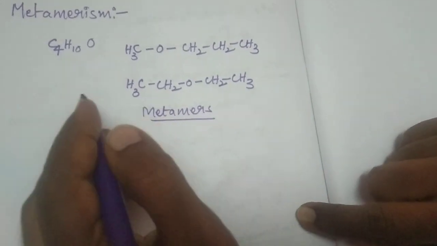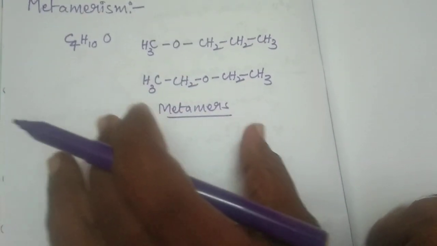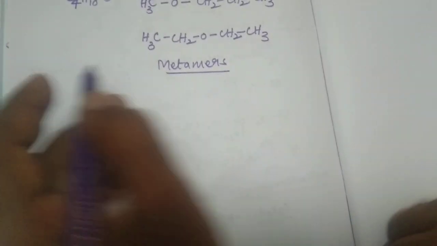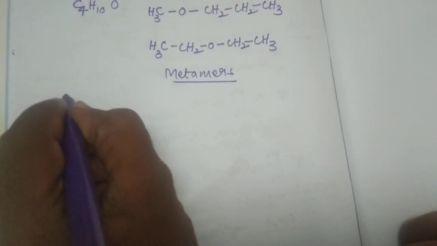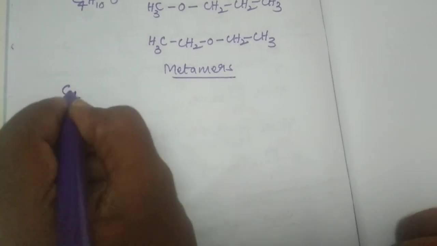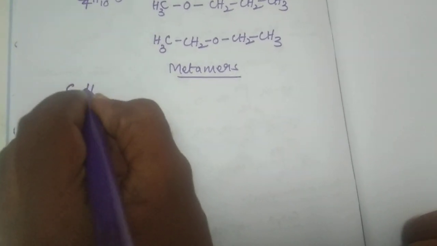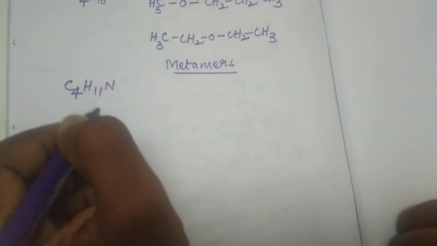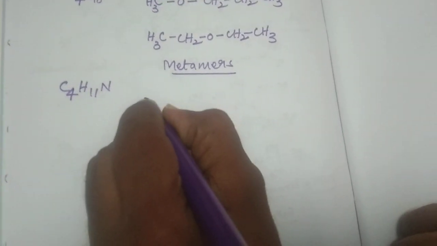So metamers can be found in ethers or secondary amines. For secondary amines, you can use the same idea with the formula C4H11N.